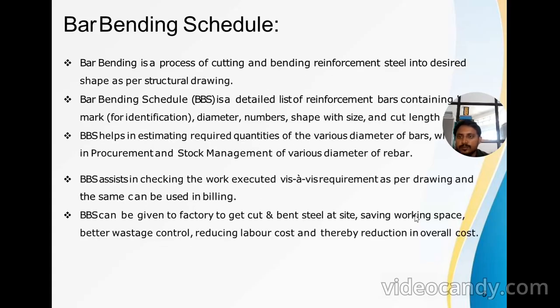Next, move on to the bar bending schedule. It is the process of cutting and bending reinforcement steel into the desired shape as per the structural drawing. We already mentioned this definition. As per the given structural drawing and codes only, we calculate the bar bending schedule.